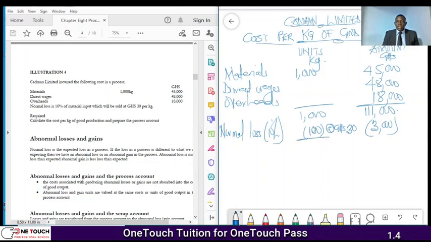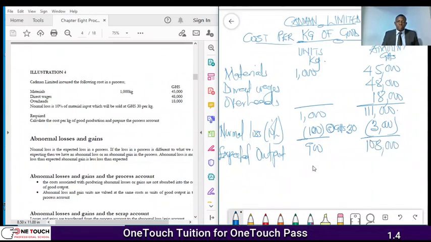So now our expected output of good production is 900, at a cost of 111,000 minus 3,000. That gives us 108,000. Okay, good.